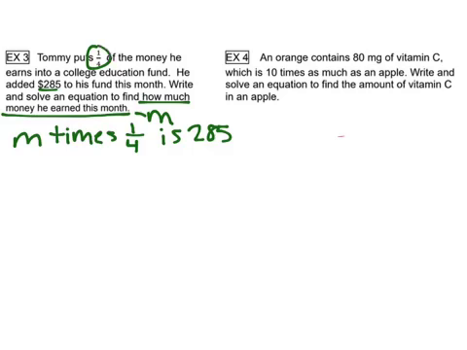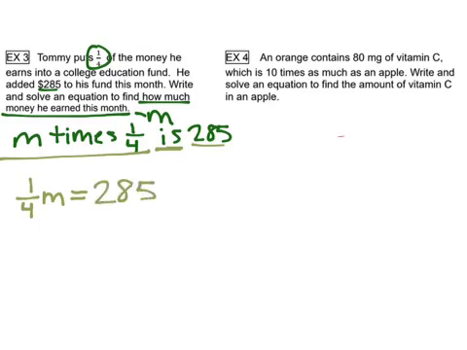If I'm going to translate this into mathematical language, I have M times 1/4, which I can write as 1/4 M, because that means 1/4 times M. Is, that's always my equals sign, and then 285 is on the other side. So we've come up with an equation to figure out how much money he earned this month, which is the goal of the problem.